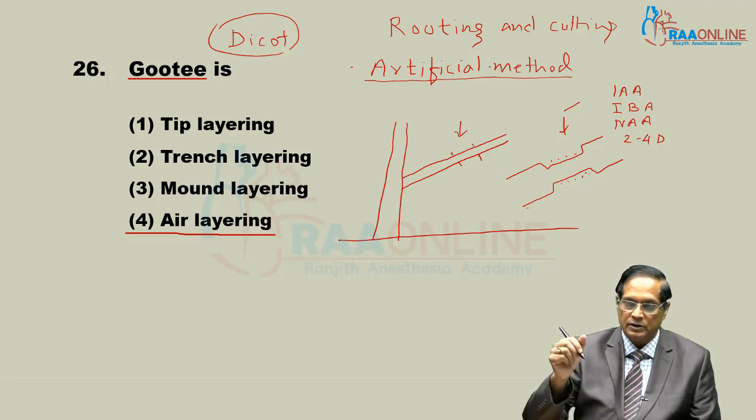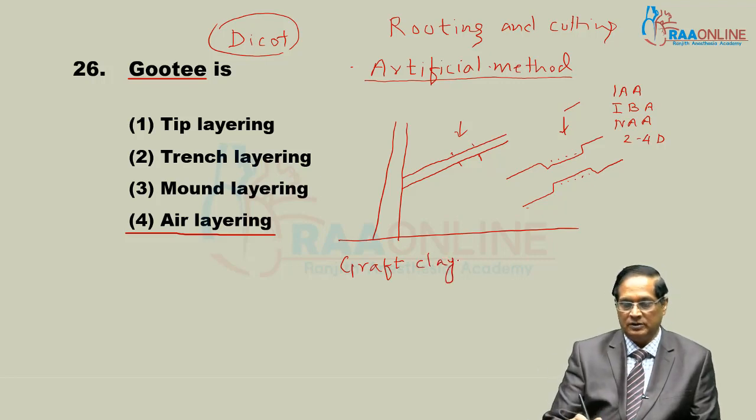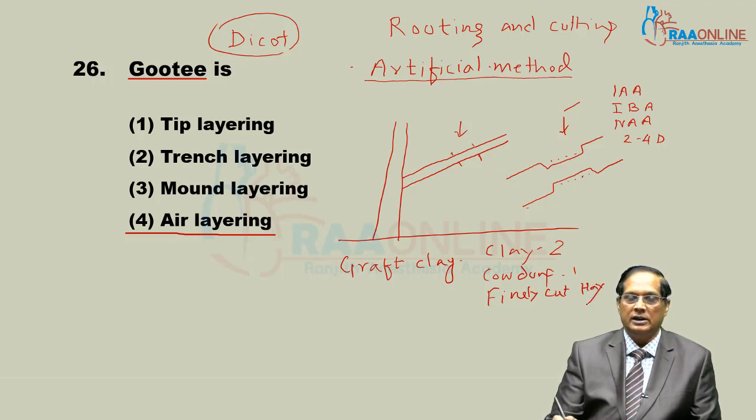After the application of hormone, graft clay is applied. Graft clay contains clay soil 2 parts, cow dung or cattle dung 1 part, and finely cut hay, or any material which can retain moisture.